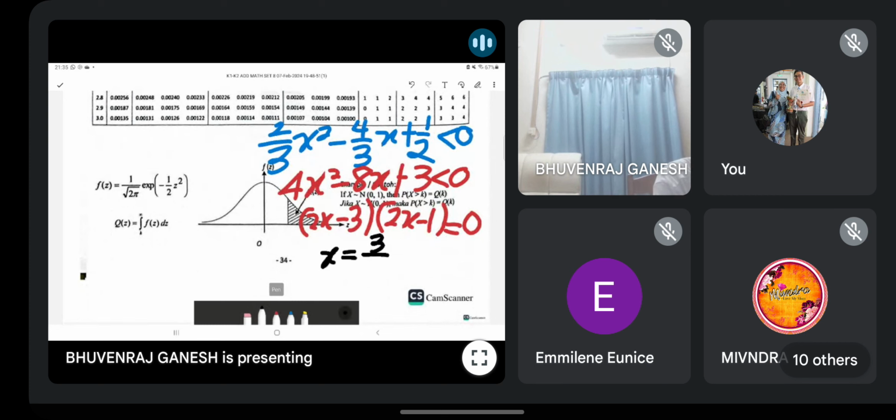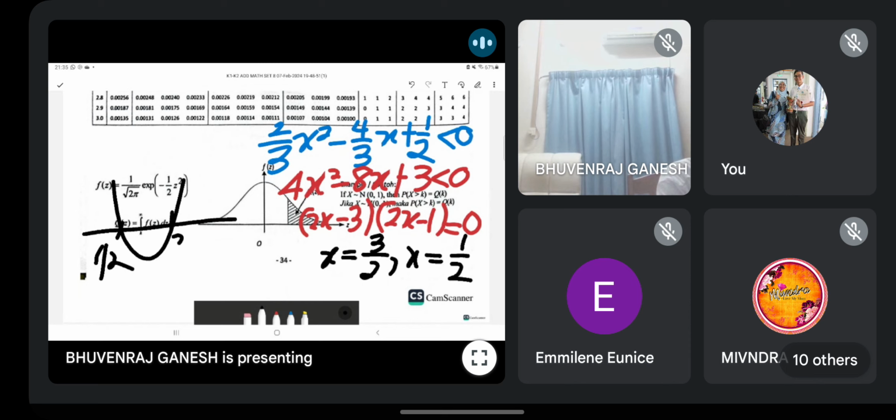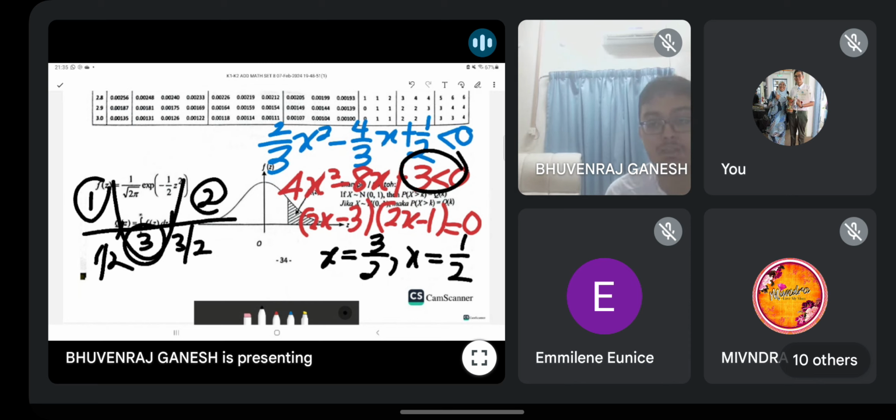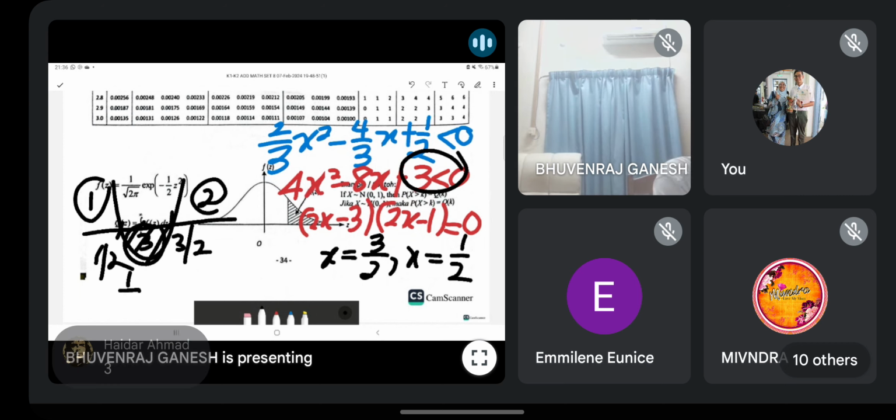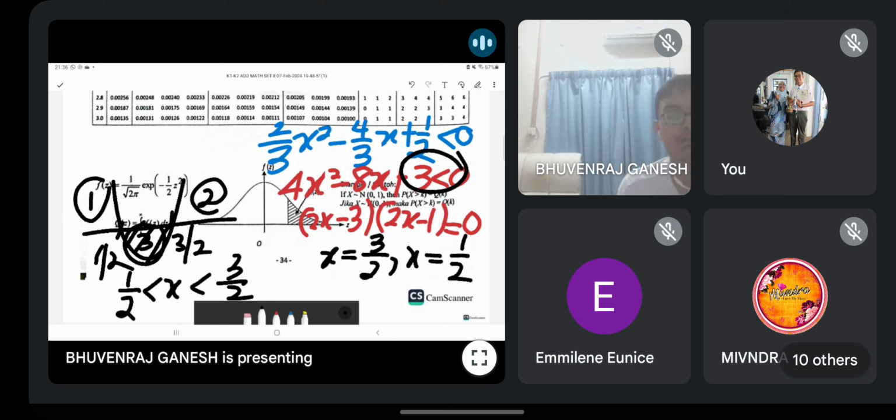You just assume it's equal to 0 to make it easier to get x value. Okay, so then you draw the curve. 1 over 2, 3 over 2, lebih kurang dari kosong. Where do you shade, guys? Can you all remind me? 1, 2 or 3? Kat mana saya lorek? Untuk lebih kurang dari kosong. Which one? Yes, 3. That's why your answer is 1 over 2 lebih kurang dari x, lebih kurang dari 3/2. Okay, this is the final answer.